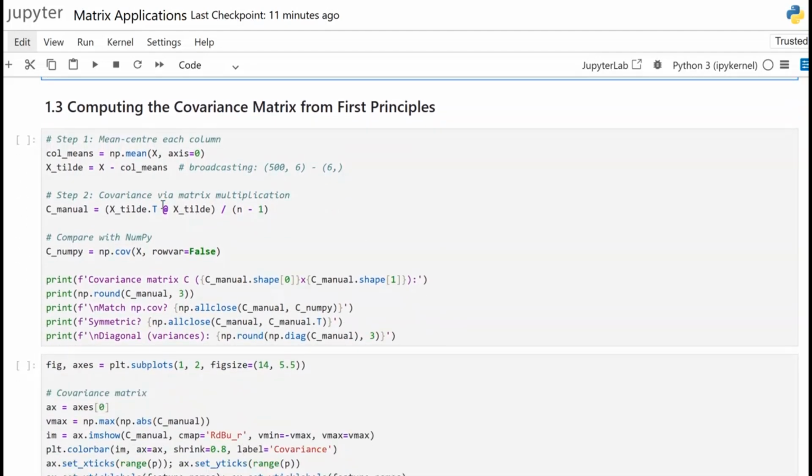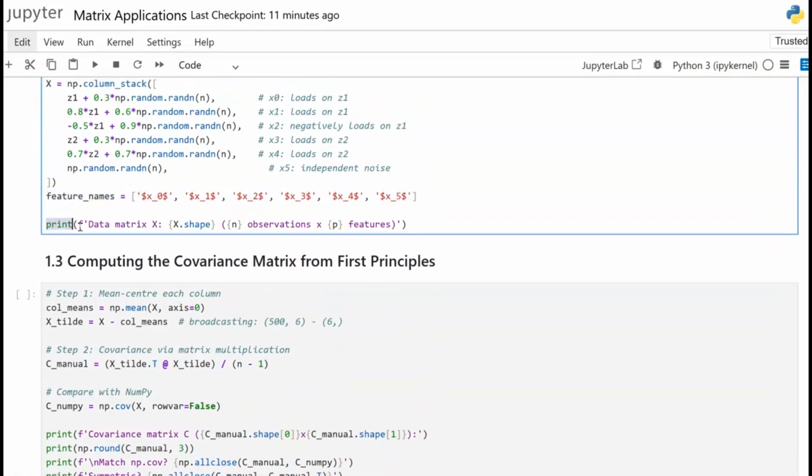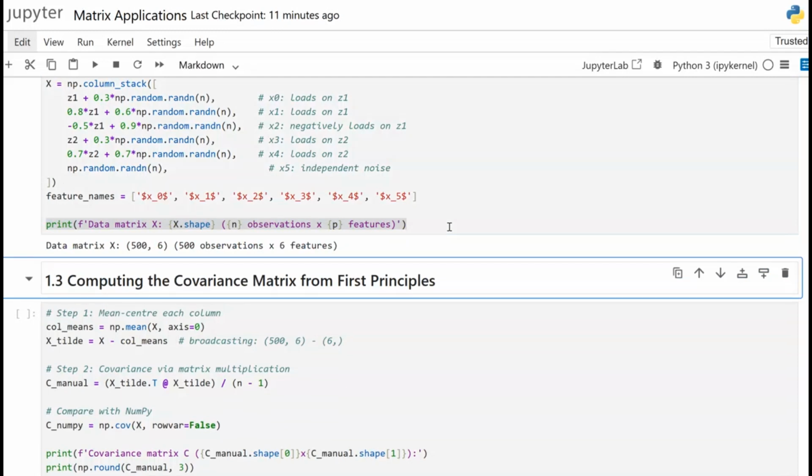Next, let me look at the exact output. The output statement confirms the shape of the data set. Let me execute and see the output. Kindly observe, dear friends, we have 500 comma 6. That is, 500 observations with 6 features.